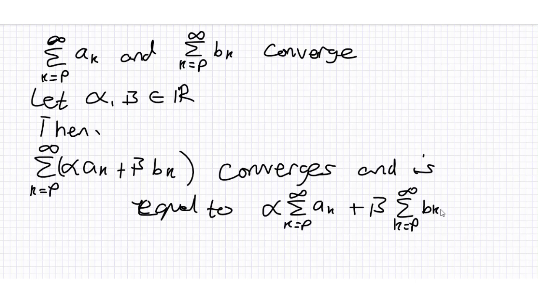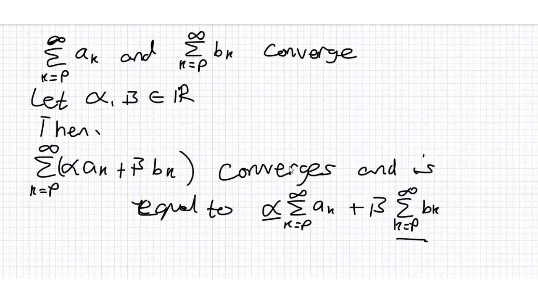And this is analogous to our algebra of limits for sequences. If these converge and we've got some real numbers, and we multiply our sequences by real numbers and add them together, it's equal to the real number multiplied by the sequence plus the other real number multiplied by the other sequence.